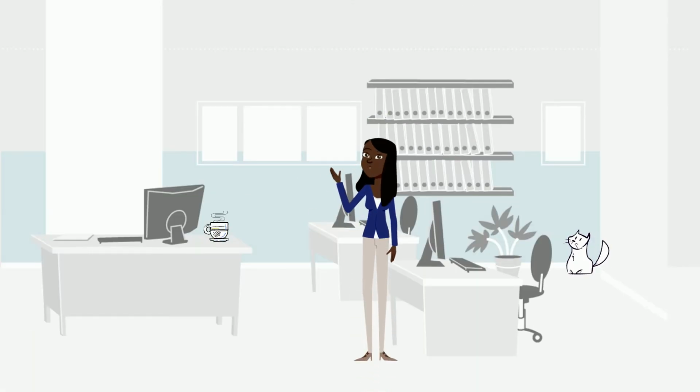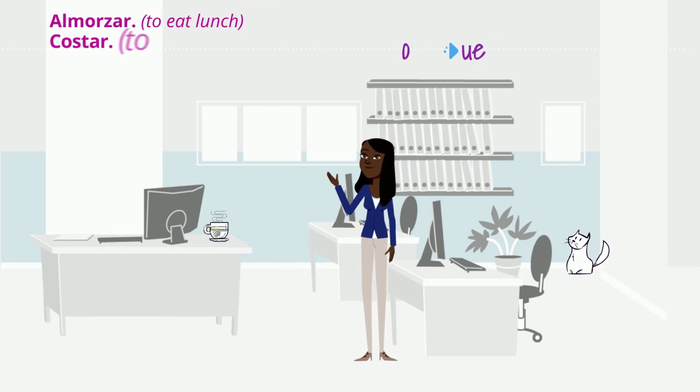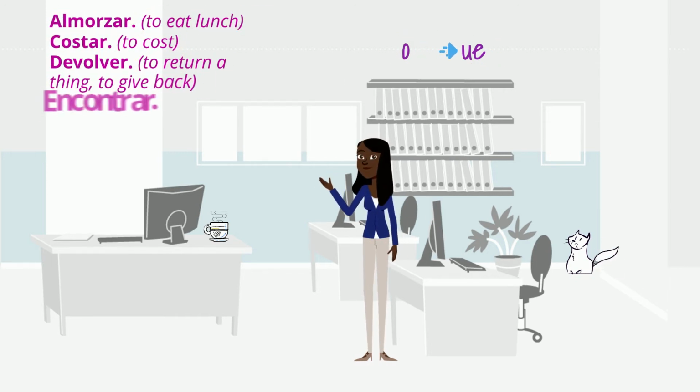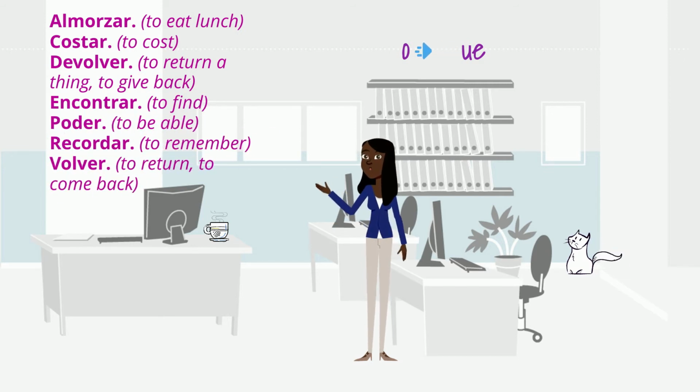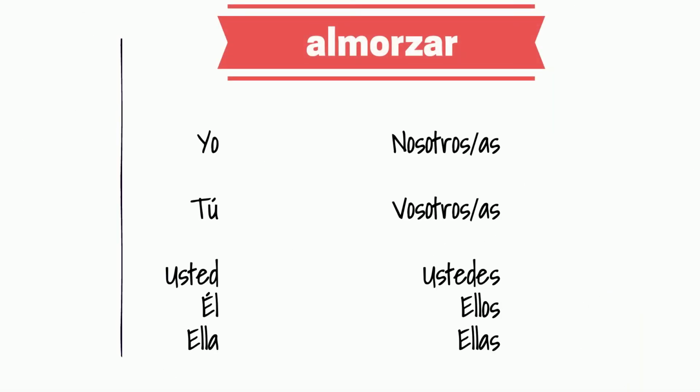Let's review the most common verbs with a stem change o, ue. Almorzar, costar, devolver, encontrar, poder, recordar, volver. Let's conjugate some of these verbs. Almorzar.